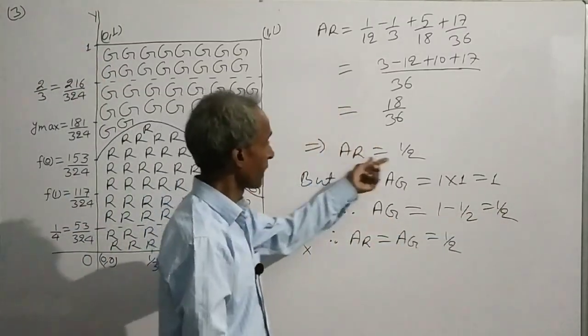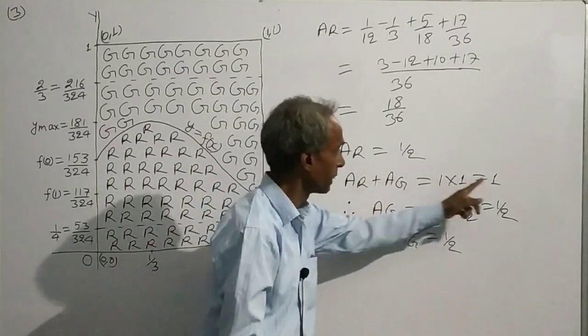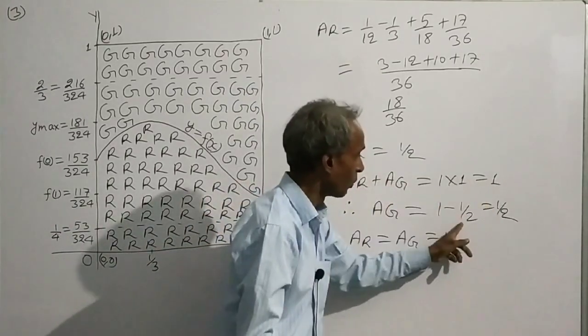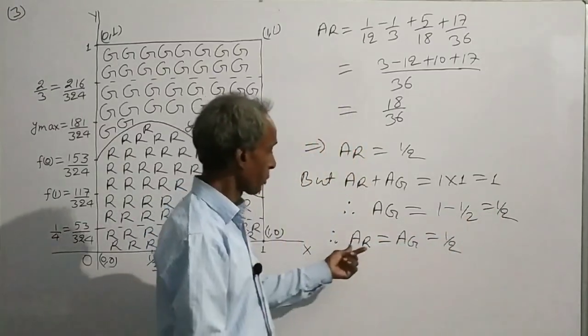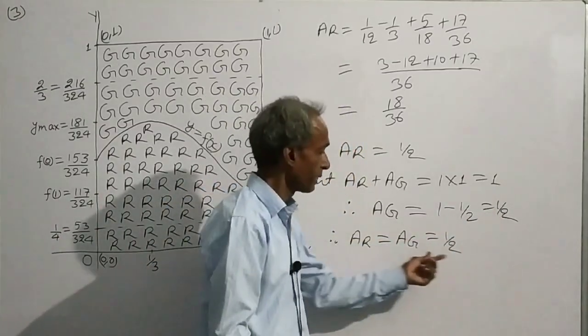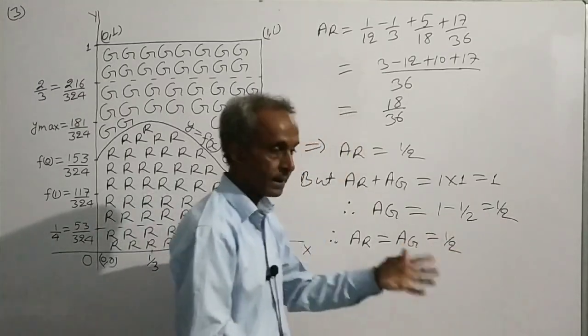The area of the red region is 1/2, that means the area of the green region will be equal to 1 - 1/2, that is equal to 1/2. Therefore, the area of the red region is 1/2, and the area of the green region is 1/2.